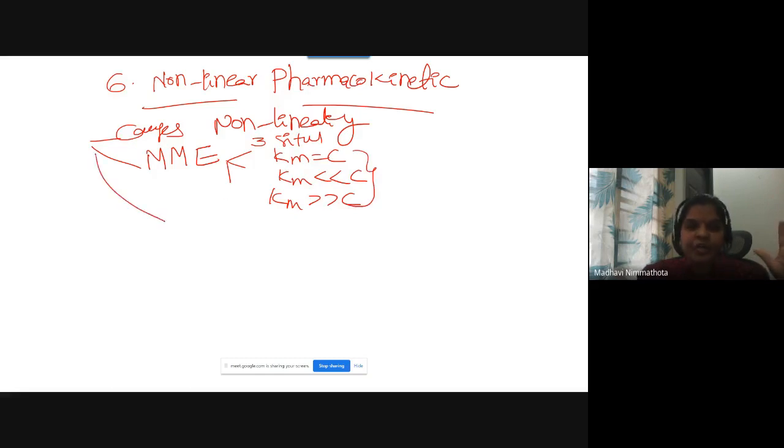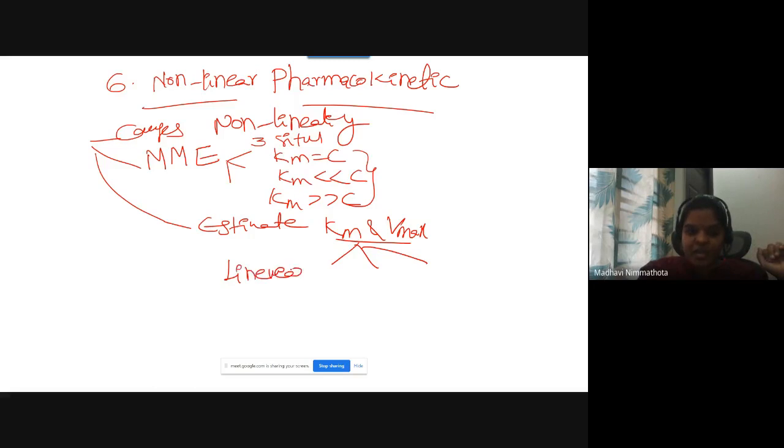And then you are going to estimate the Km and Vmax by three different methods, right? What are those three different methods? First one is the Lineweaver-Burk plot, the second one is the Hanes-Woolf plot, and the third one is the Augustinsson plot.